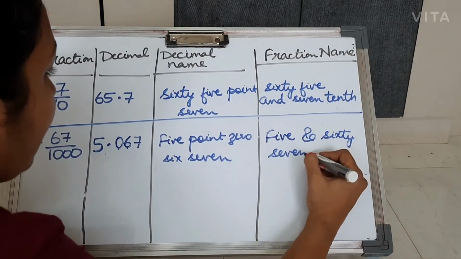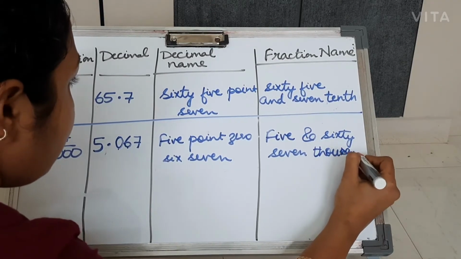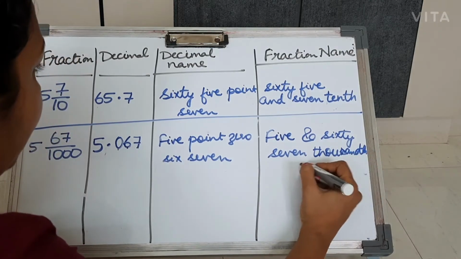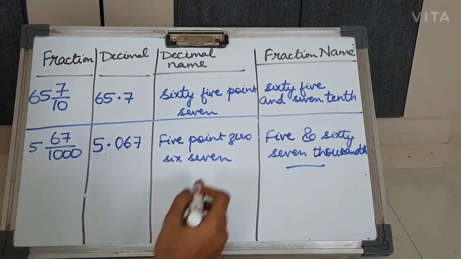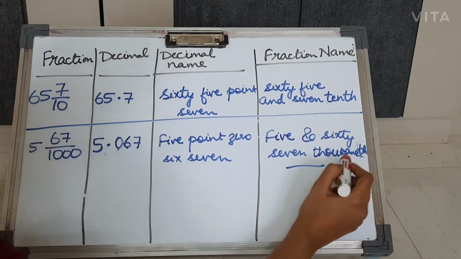So it is 67 thousandths place value. So the answer will be 5 and 67 thousandths. This TH is very important here.